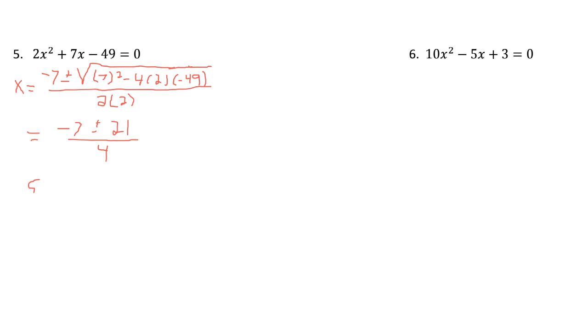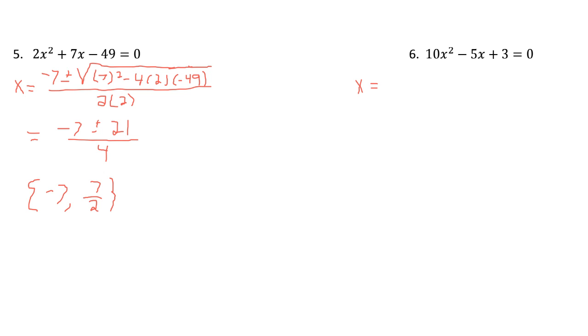So what I really have here is negative 7 minus 21, which is negative 28, over 4, which is negative 7. And I have negative 7 plus 21, which is 14, over 4, which is 7 halves. And I have my 2 answers. So if you're looking at a parabola, it would cross at negative 7 and positive 7 halves.